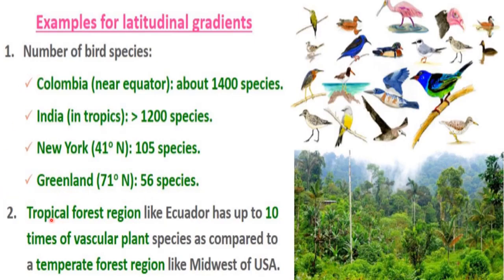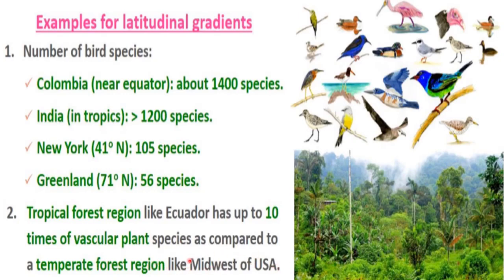The next example of latitudinal gradient is that a tropical forest region like Ecuador has up to 10 times the vascular plant species as compared to a temperate forest region like the Midwest of USA.